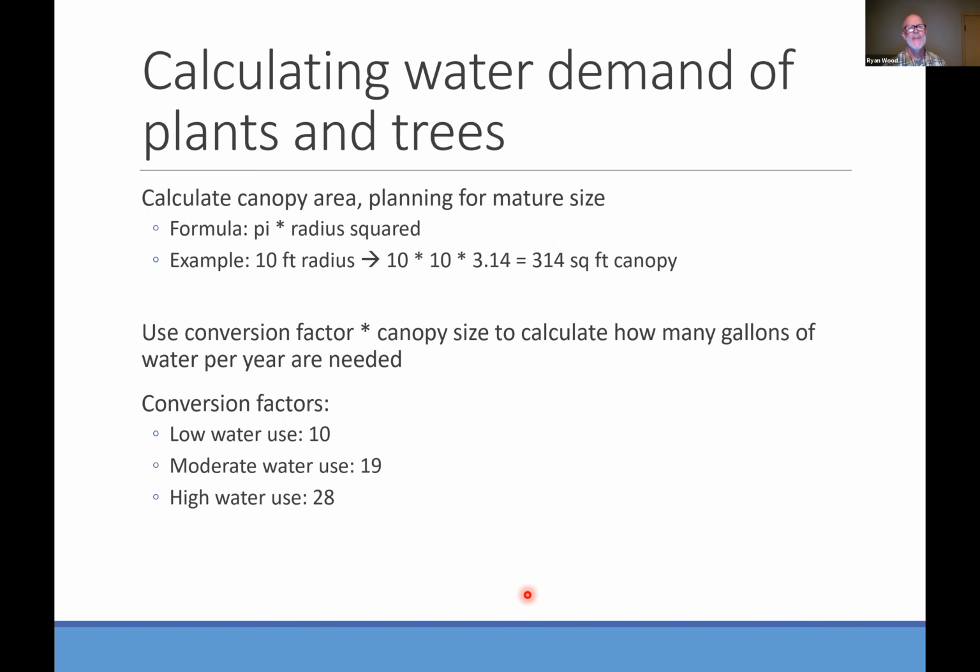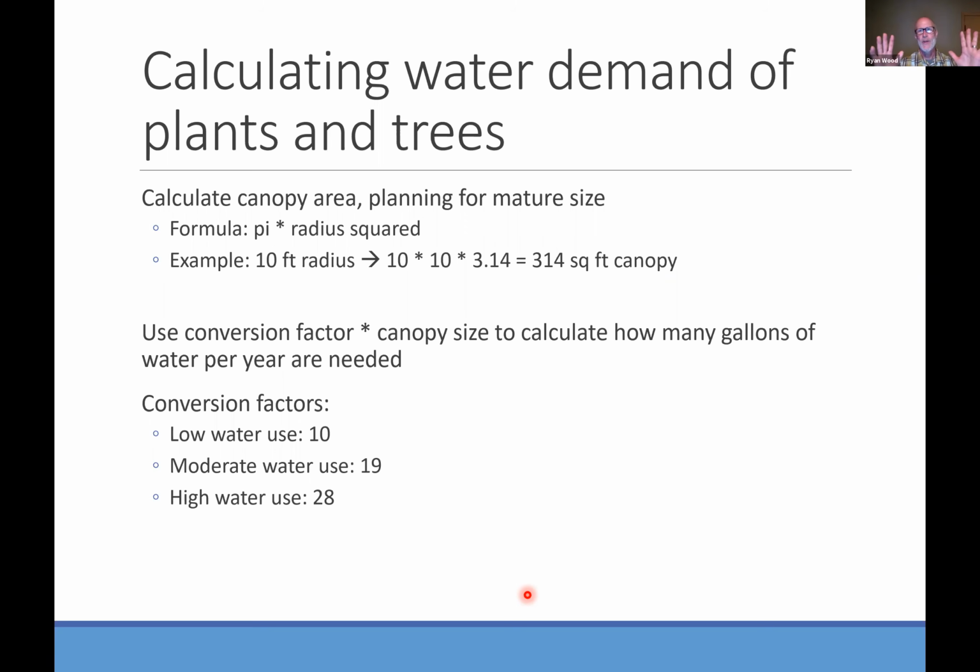And so then it's figuring out, what do your plants need? If you haven't done so already, since this is class 5, we've covered this as far as calculating your water needs for your plants. But this is kind of a refresher, and for those who haven't attended the other classes, the conversion factors are numbers that we created to just help out with the math.